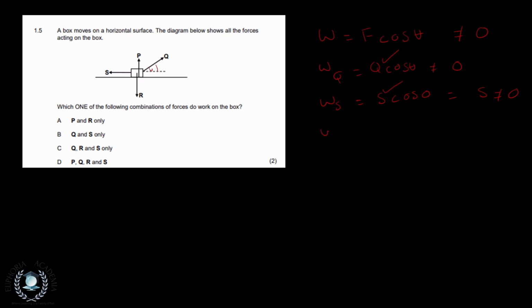However, with P and R, our angle is actually 90 degrees, and cos of 90 is 0. So P and R give us work of 0. So they don't contribute to work. All right. So the forces that do work are Q and S only.